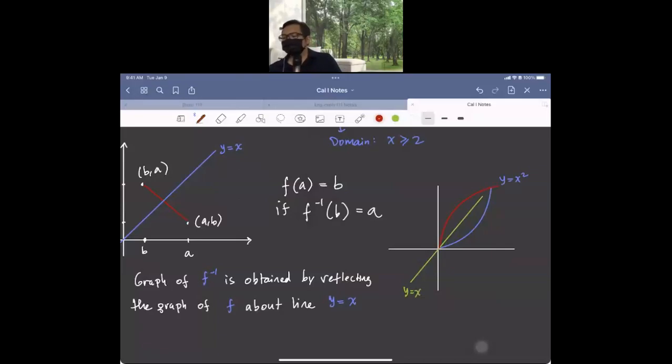Well, it's not proportionally correct because the x squared should be steeper, but anyway, this is just to show you that we have the inverse here.